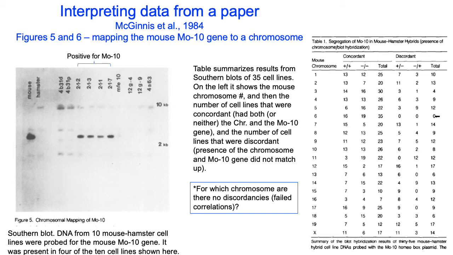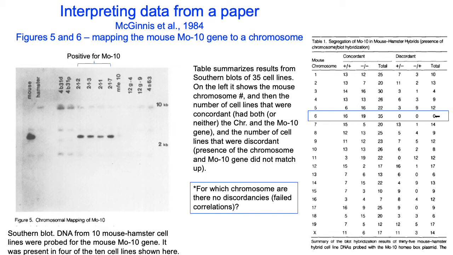Okay, so if we quickly scan through, what we're really looking for are zeros in the discordant columns. And so there's a little arrow that I've put a blue box around. For mouse chromosome 6, you see the arrow on the far right. It's pointing at the zeros, a total of no discordancies.